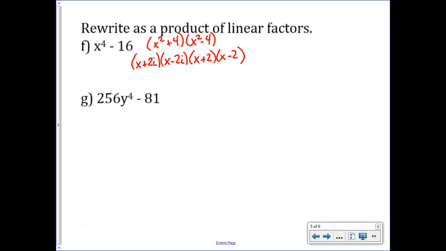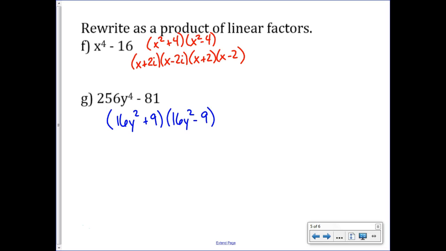We have 256y to the fourth minus 81. Well, if I take the square root of each of those, I get 16y squared plus 9, and I get 16y squared minus 9.